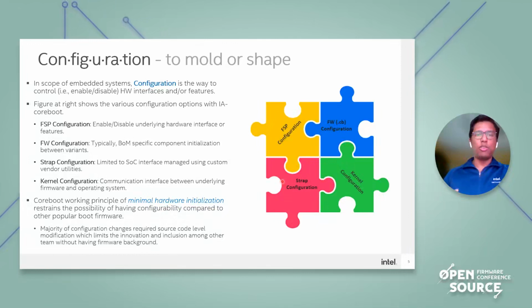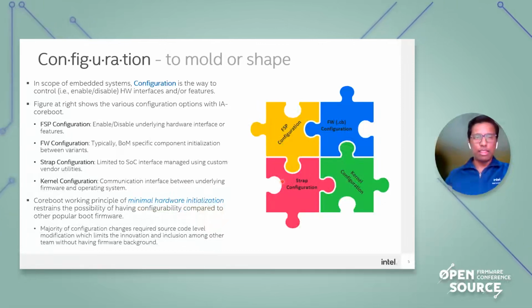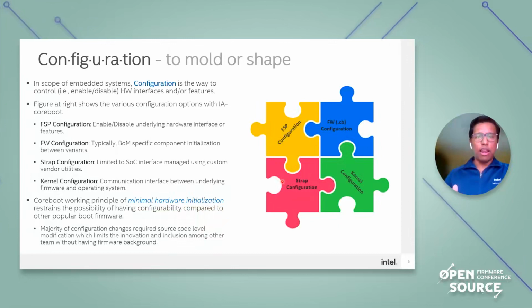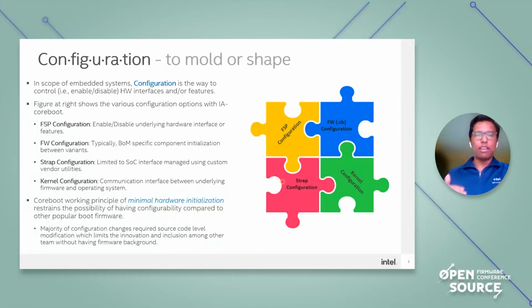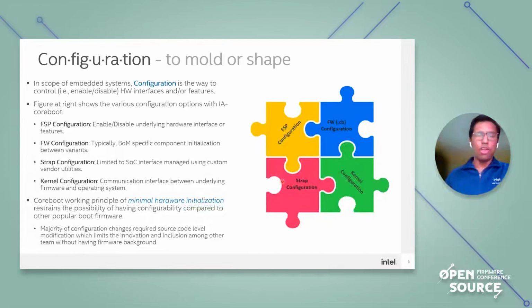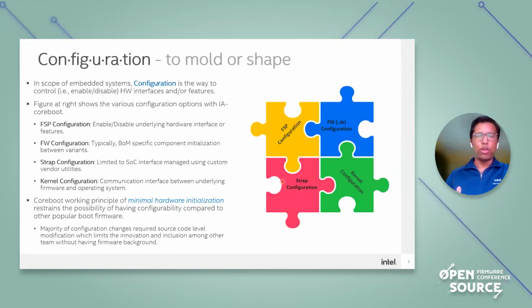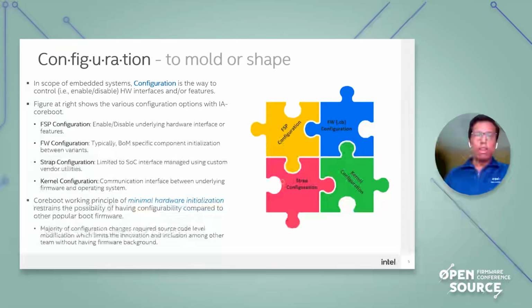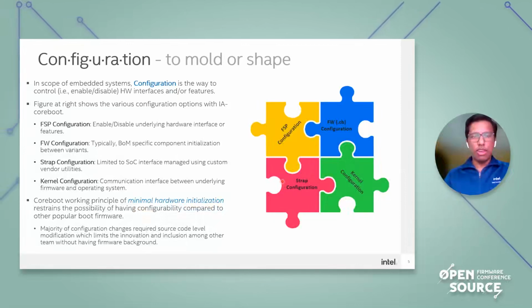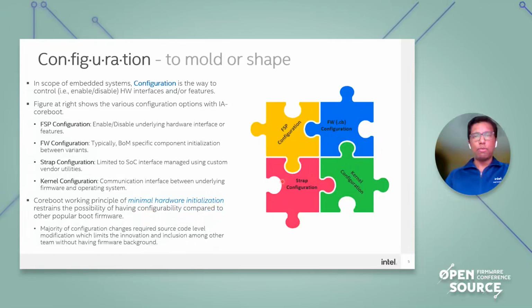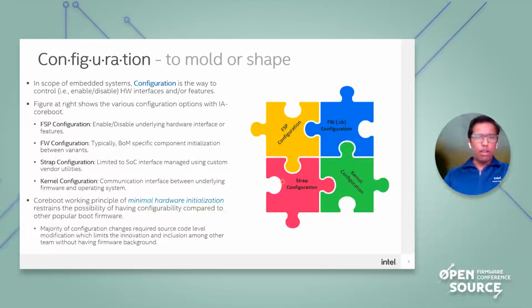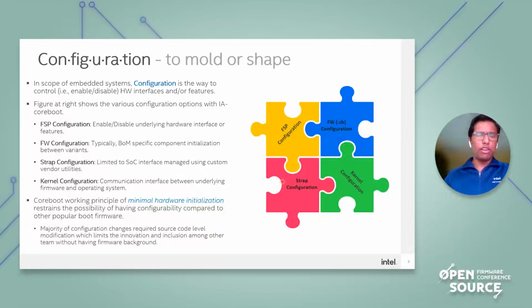So how do you use this configuration to make your embedded system configured enough that from your firmware layer you can enable or disable certain hardware interfaces or certain other features, without really going into the source code level, knowing how you should be doing all these things? We try to eliminate the dependency on a firmware engineer always being in place, and we try to empower more of our partner teams, maybe validation engineers, silicon engineers, silicon validation. So all sorts of our ingredient teams, right?